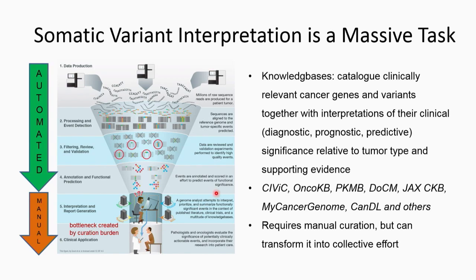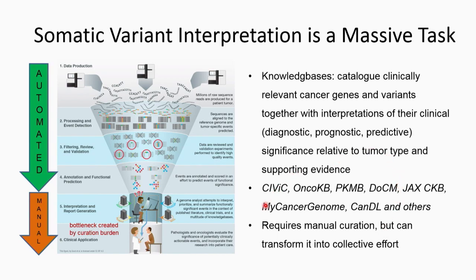So one of the ways that we are addressing this as a community is generation of public knowledge bases that catalog clinically relevant cancer genes and variants together with interpretations of their clinical significance and supporting evidence.